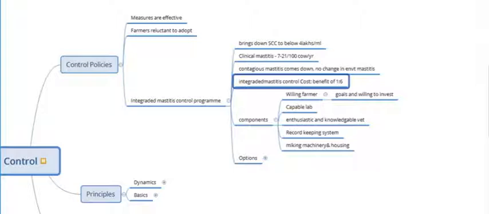So the integrated mastitis control program has proven very effective in various countries that have implemented the system.